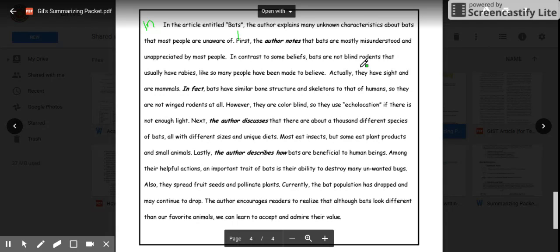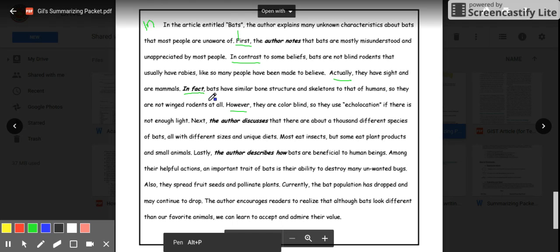So there we have our main idea, and then here's another transition right here. So we saw the transition in fact and the transition first. And we see them talking about the main idea and then adding the fact, adding the supporting details. So the main idea, it doesn't have to be just a sentence. They put in their own words a couple of sentences and even a couple of supporting details. We see more transitions such as however and actually. So each sentence has its little transition. It doesn't just start.